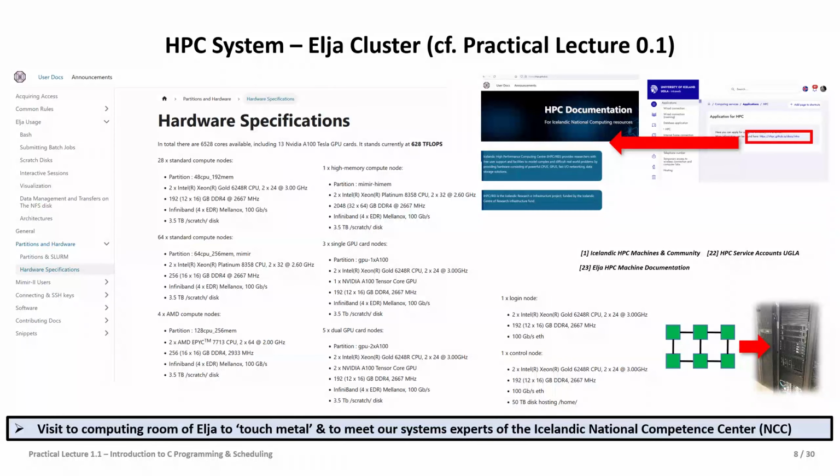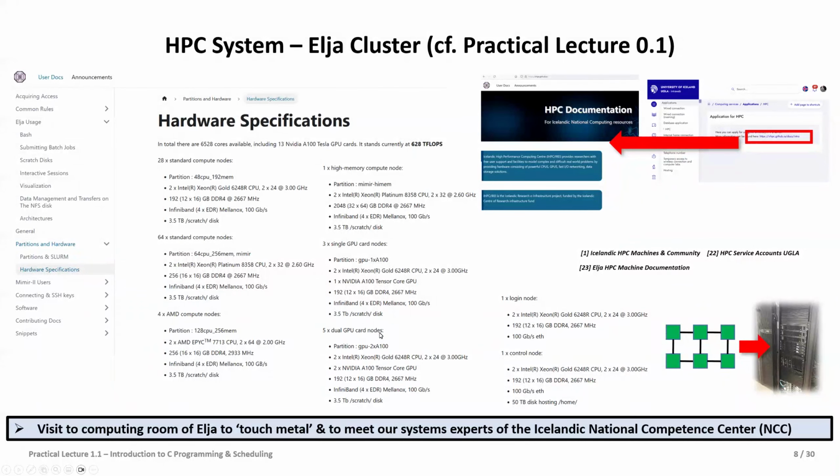You are not supposed to run very computation-intensive tasks on the login nodes. The idea is really to use the standard compute nodes that you have here on the left-hand side. Or if you have codes running on GPUs, they should obviously run on those nodes in the big HPC machine which are equipped with GPUs.